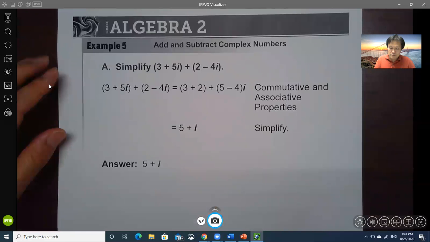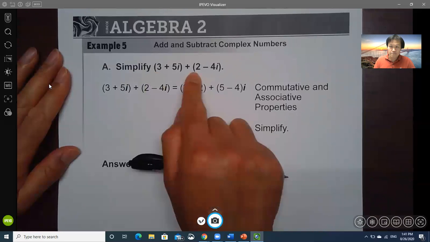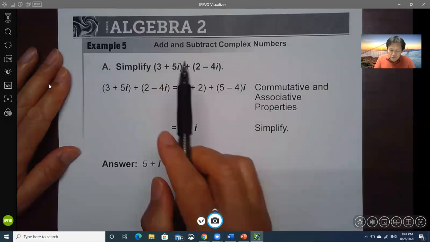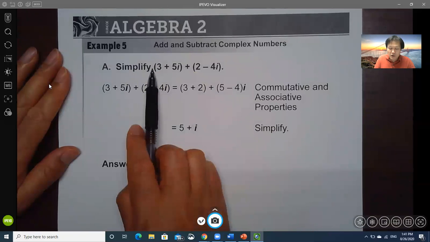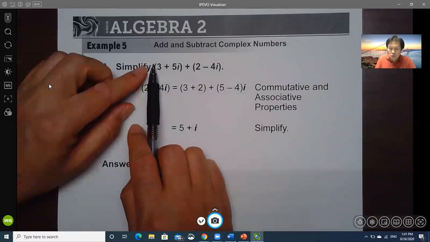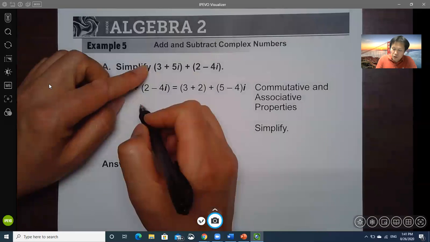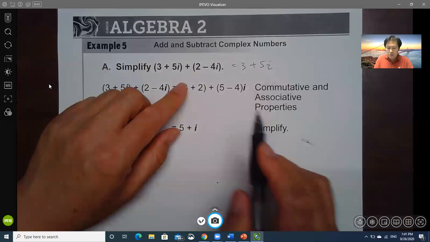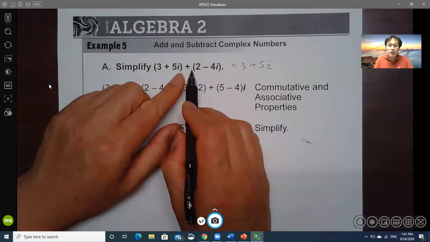Simplify this plus this. Very straightforward. Look at the first parenthesis. There's nothing in front of it. What does that mean? You're distributing 1. Distributing 1 doesn't do much. You just rewrite without parentheses. Second parenthesis, there's nothing in front of it, meaning 1 is hiding.